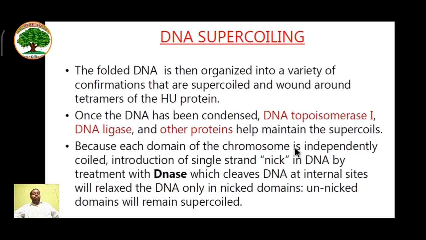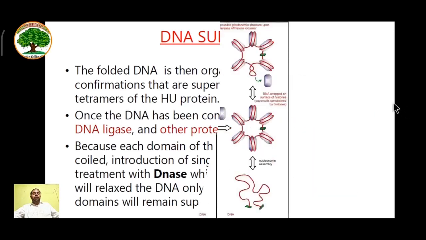Because each domain of the chromosome is independently coiled, introducing a single-stranded nick in DNA by treatment with DNase enzyme, which cleaves the DNA at an internal site, will relax the DNA only in the nicked domain. Unnicked domains will remain supercoiled. Means the domain which is nicked will only lose its supercoil, other domains will remain as they are.